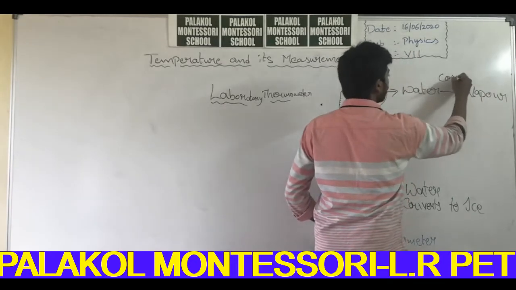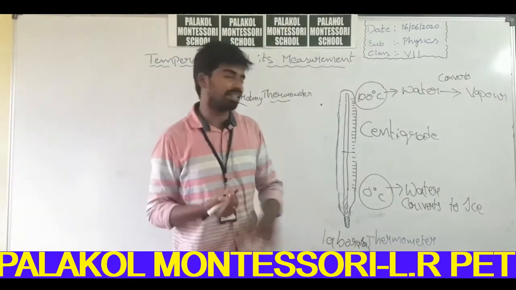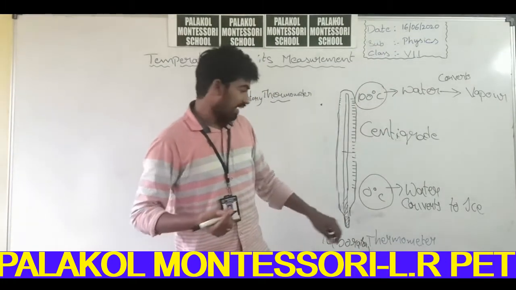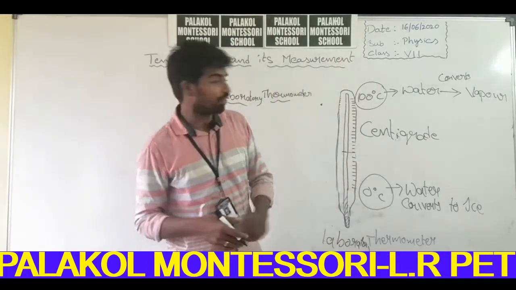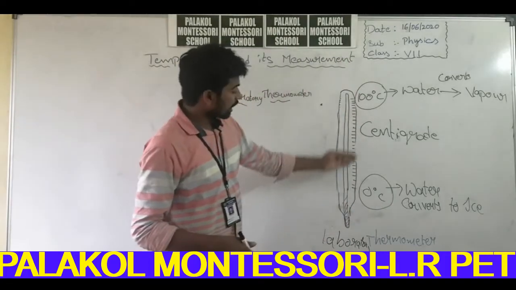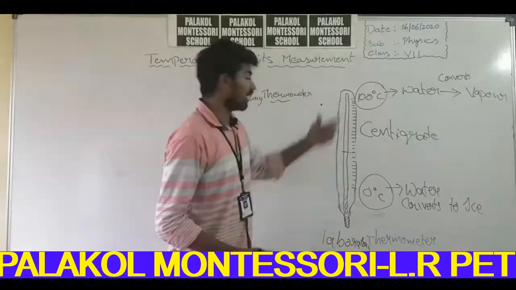At which temperature does water convert into vapor? At 100 degree centigrade. At which temperature does water convert into ice? At 0 degree centigrade. So, the readings on the thermometer start from 0 to 100 degree centigrade.